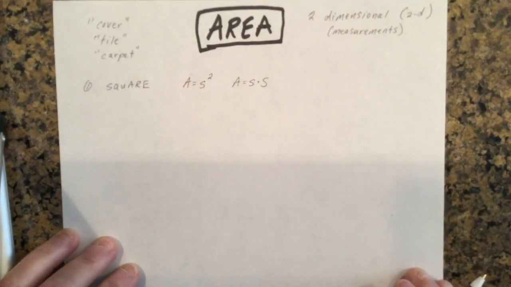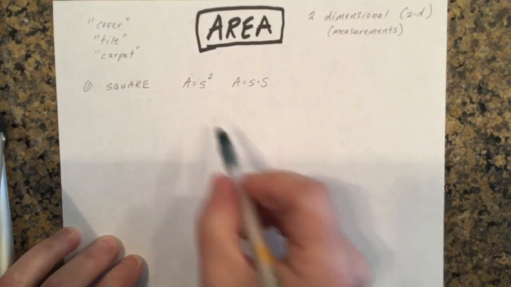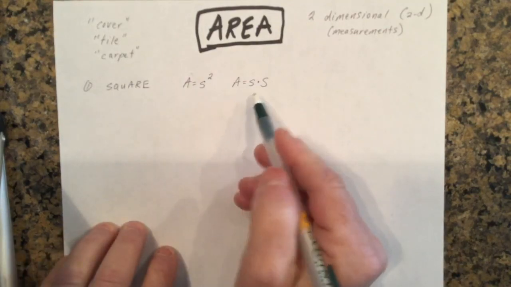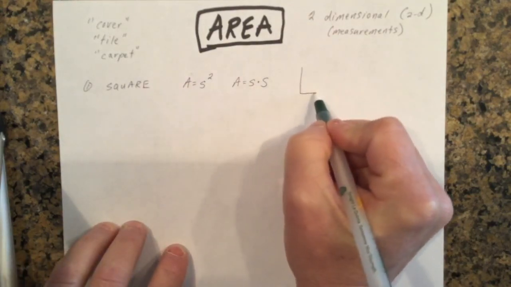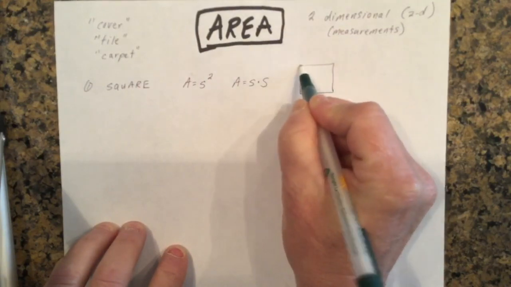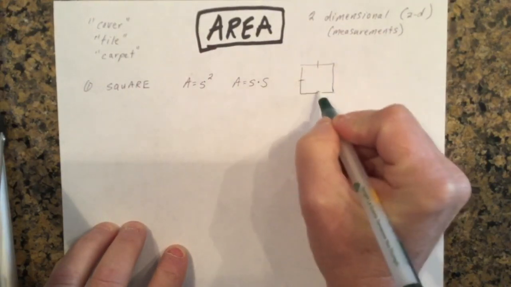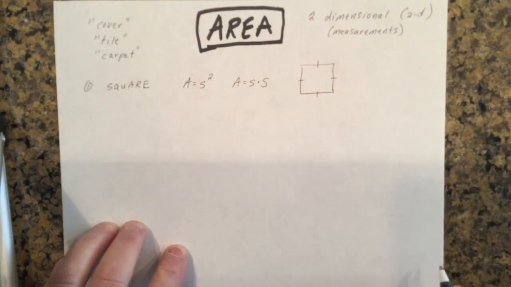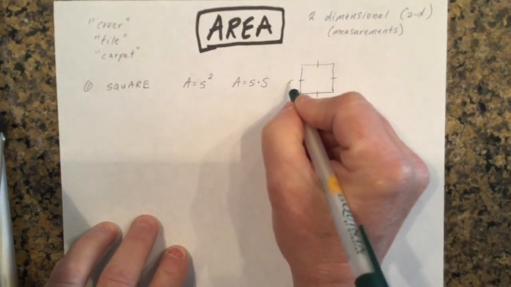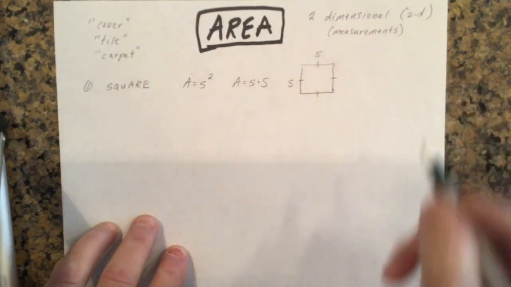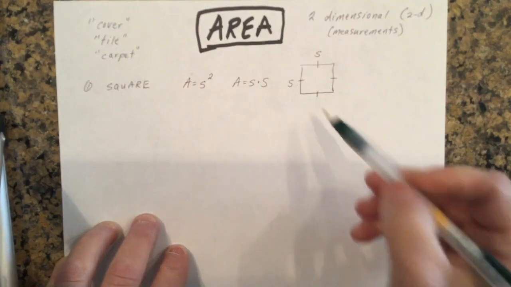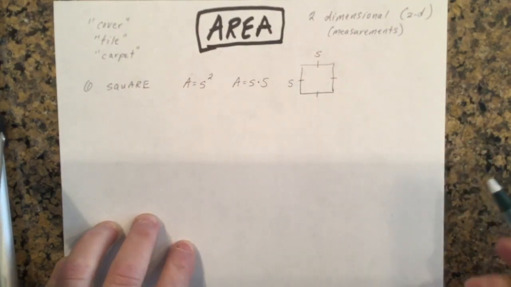Now the way this formula came about was that we took a square, which we know from our last video has 4 equal sides that are marked by tick marks. That shows that they're all equal, okay? And so what we're gonna do is we're gonna take this side times this side. And in a square, it doesn't really matter which 2 sides you use because they're all the same, right?